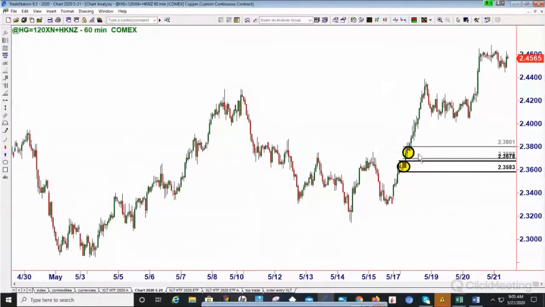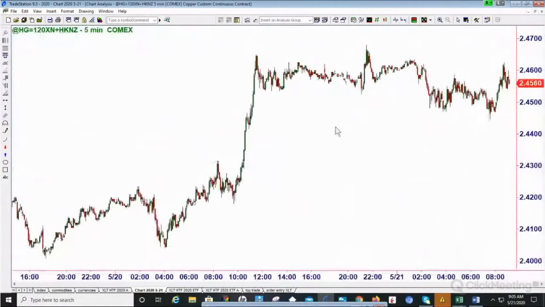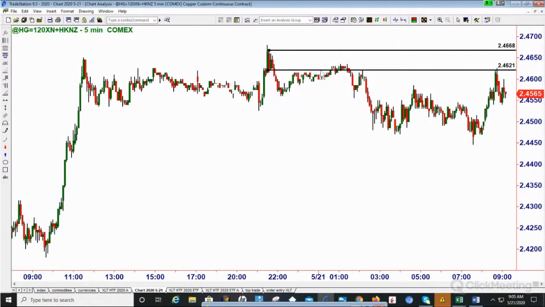And you can see down below on the 60-minute, you have two overnight levels on top of each other, coming in at 23.80 down to 23.58. Currently, you can see on the 5-minute, it struggled a little bit through this whole area, and that's kind of where we're right back to.